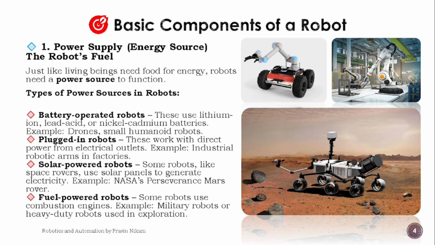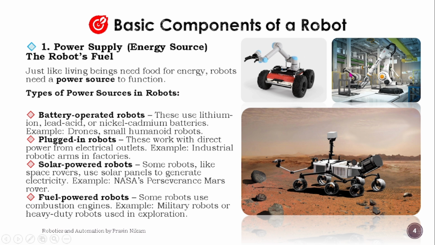Battery operated robots use lithium ion, lead acid, or nickel cadmium batteries, for example, drones and small humanoid robots. Plugged in robots work with direct power from electrical outlets, for example, industrial robotic arms in factories.